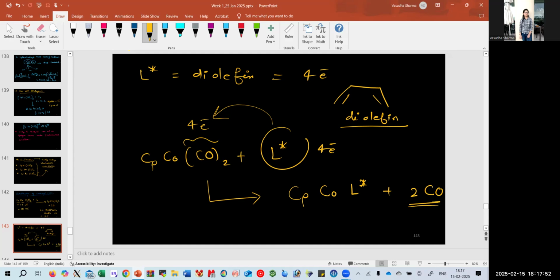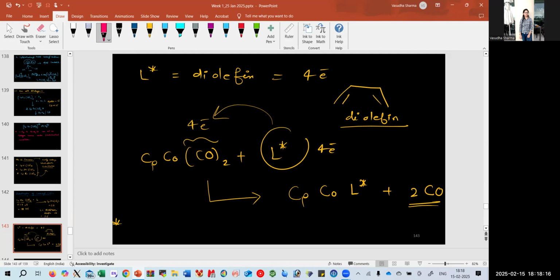So this is where you have to be very careful what electron source and how much electron that ligand is going to give into the reaction, so that you can balance out the whole reaction. Not always one CO would go out, or 2 COs would go out. It depends on how many electrons that particular ligand is bringing into the reaction system.